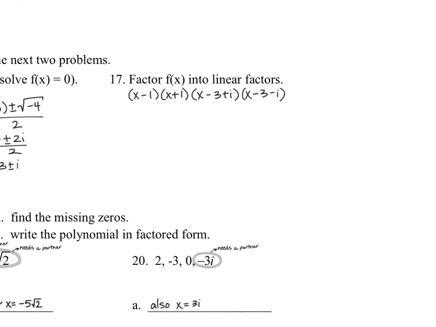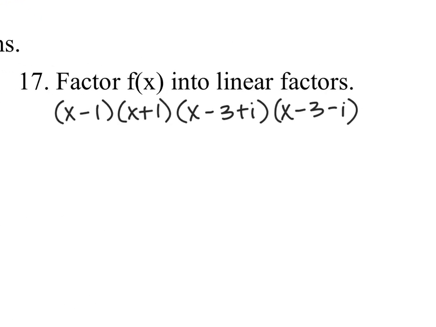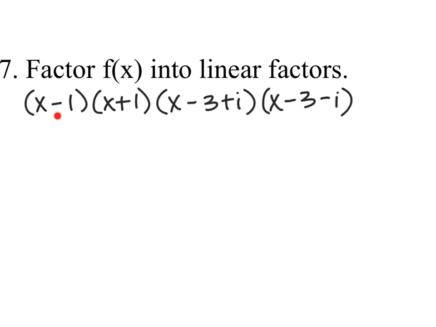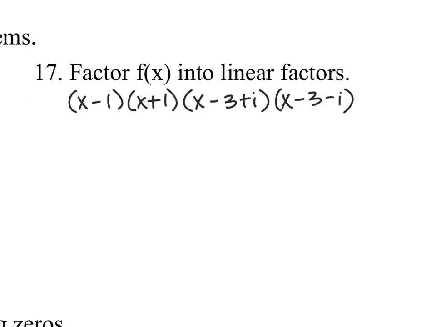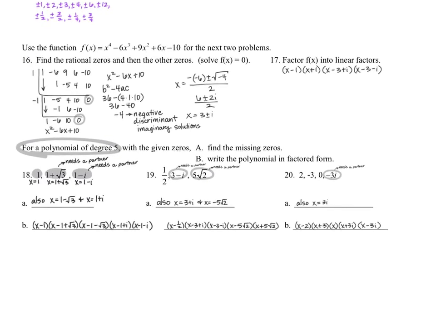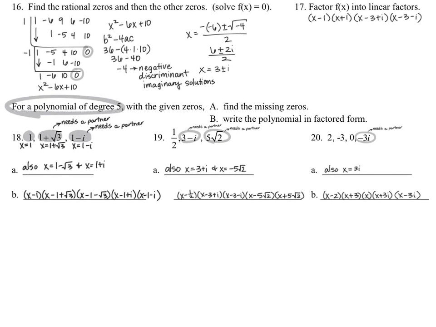So I'm going to write those factors out as x minus 1 times x plus 1, and I got those from the synthetic division, and then x minus 3 plus i and x minus 3 minus i, which I got from the quadratic formula.